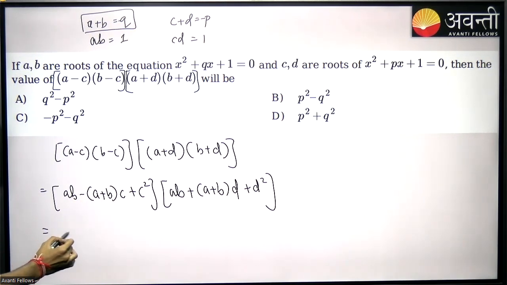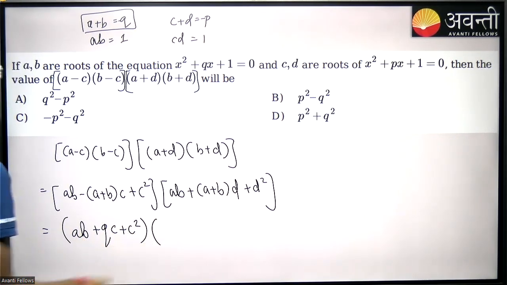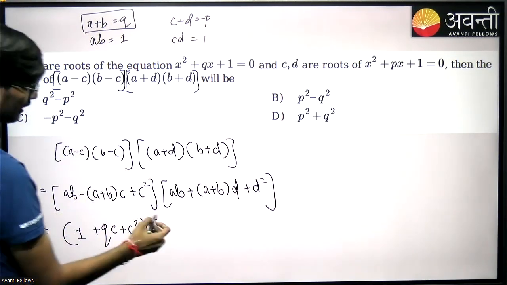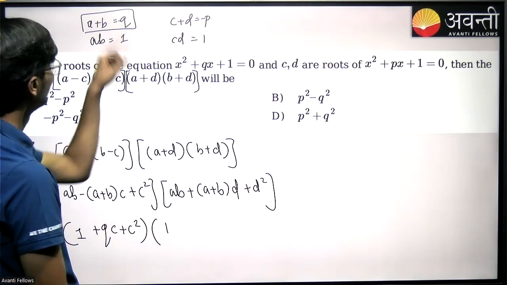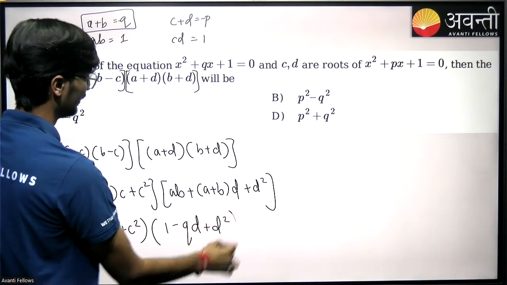Sorry, minus q. So I'll get ab plus qc plus c square. We can substitute ab as 1. ab is 1 and here also 1, minus (a plus b) is minus. So minus qd plus d square.